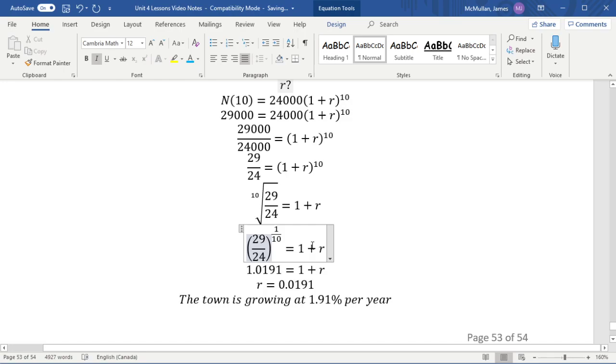I was able to figure out what r was by taking the 10th root of both sides. Then, of course, I just moved the 1 over, so whatever was left was r. And I see that r is 0.0191. That means the town is growing at 1.91% per year, right? Because 0.0191 is 1.91% when it's written as a percentage as opposed to a decimal.